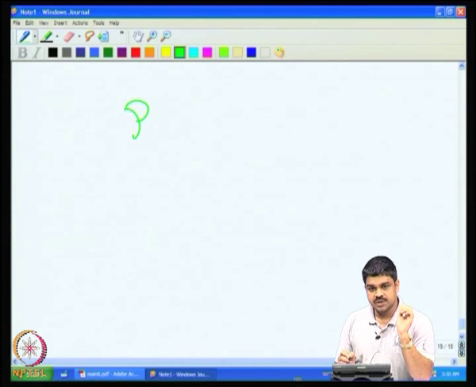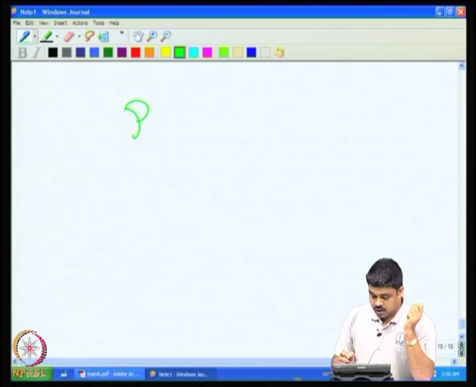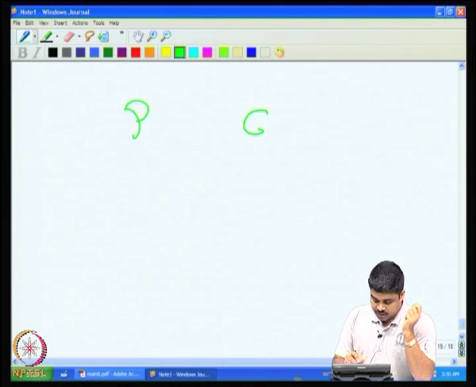I will do it by induction. For small graphs, it is very easy to verify. For instance, a 1 node graph, 2 node graph, I will leave it to you to verify the basis, for the case of n equal to 1, n equal to 2, n being the number of vertices. Now, let us say for n minus 1 vertex graphs, it is true. Now, we consider a graph G with n vertices.